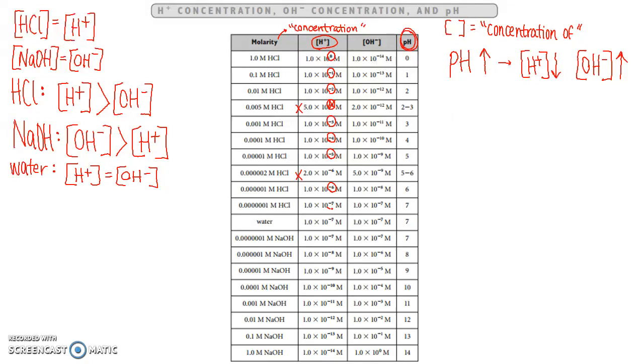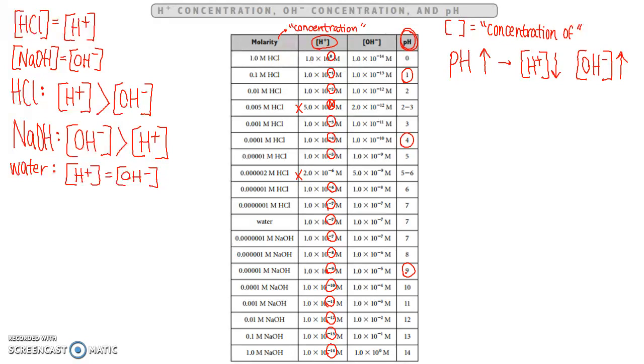If you look at these all the way down the table and compare them to the pH values, hopefully you're seeing what I'm saying now. 10 to some power: in this case, if it's 10 to the -1, the pH value is going to be a 1. If it's 10 to the -4, the pH value is a 4. And this is the case all the way down, even 10 to the -9, the pH value is 9.